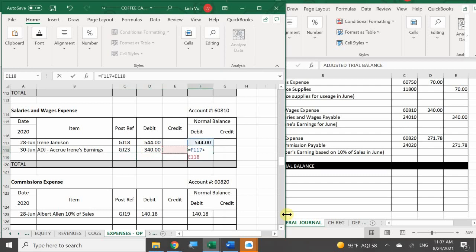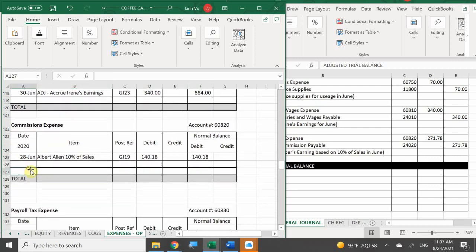So therefore, what is my total ending balance in my salaries and wages expense account? $884. $884 even. Okay. And since we're already here, go ahead and just do Albert's as well, right? It's just right down below.